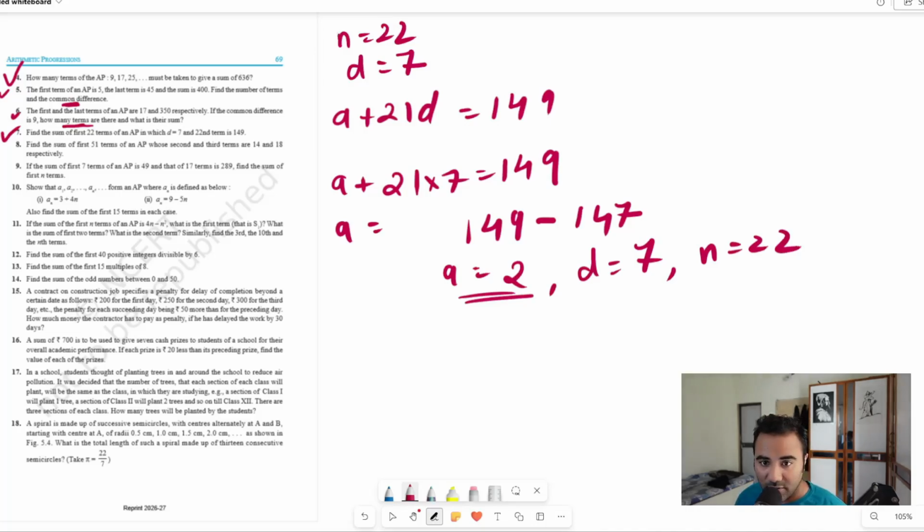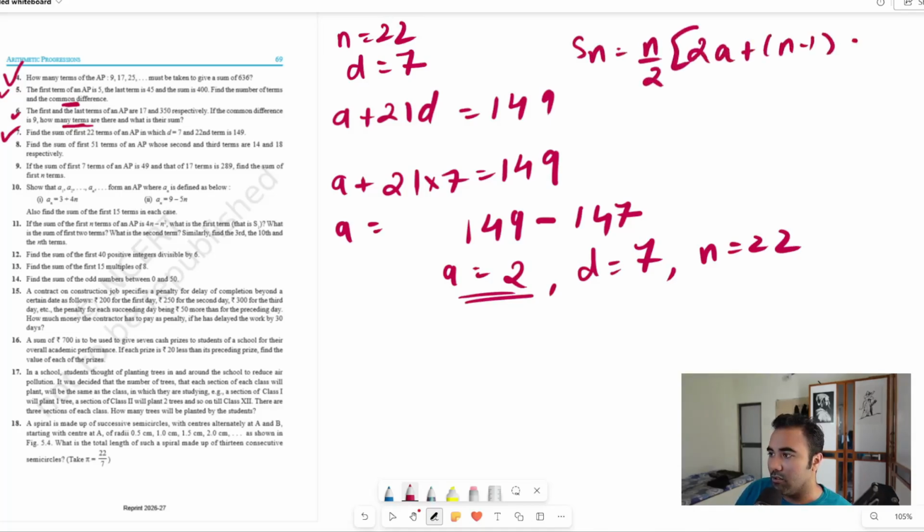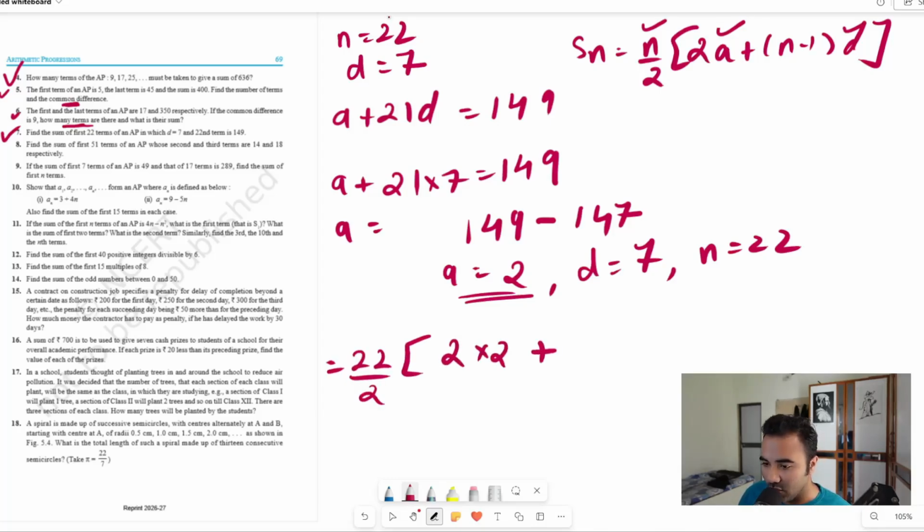Now what we must find is the sum. This question becomes fairly easy, because Sn is equal to n upon 2, 2a plus (n minus 1)d. We know n, we know a, we know d. So let me simply put the values: 22 upon 2, 2 into 2 plus (22 minus 1), 22 minus 1 is 21, and d is 7.